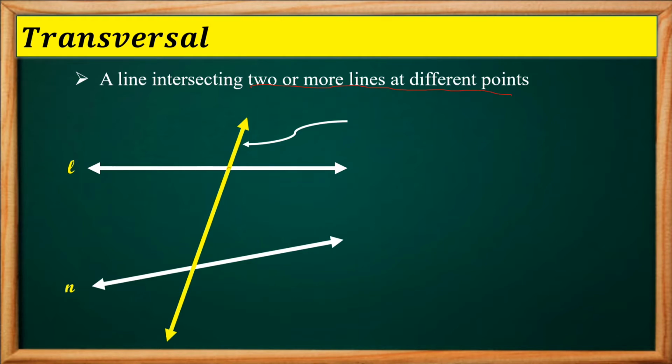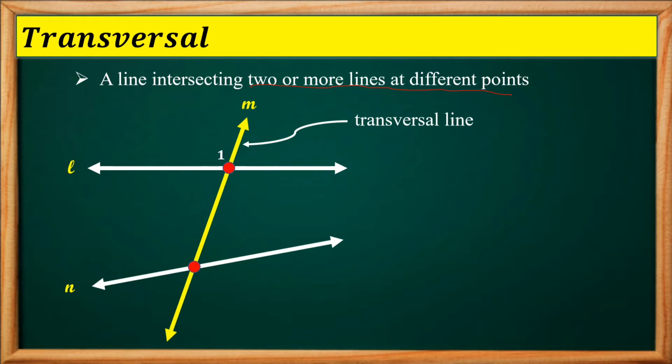This would be the point of intersection, and this would be another point of intersection. Ayan, different points of intersection. And that line is what we call the transversal line.